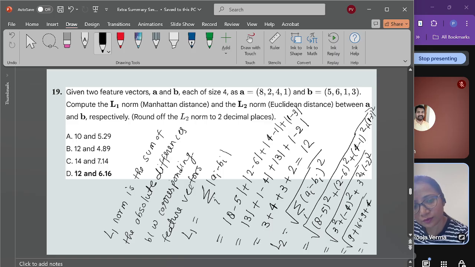If you add all these values, you will get 38, and the root of 38 is 6.16. Okay. So the L1 norm that we have got is 12 and the L2 norm is 6.16. If you match with the options, option D is the correct answer for this question.